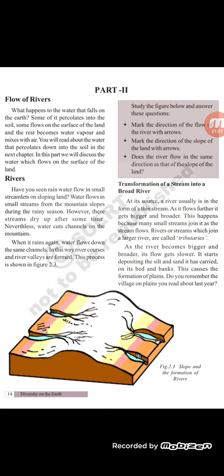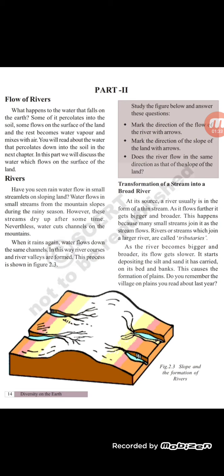River is nothing but a large natural stream of water or a large quantity of a flowing substance. Have you ever seen rainwater flow in small streamlets on sloping land? Water flows in small streams from mountain slopes during rainy season.